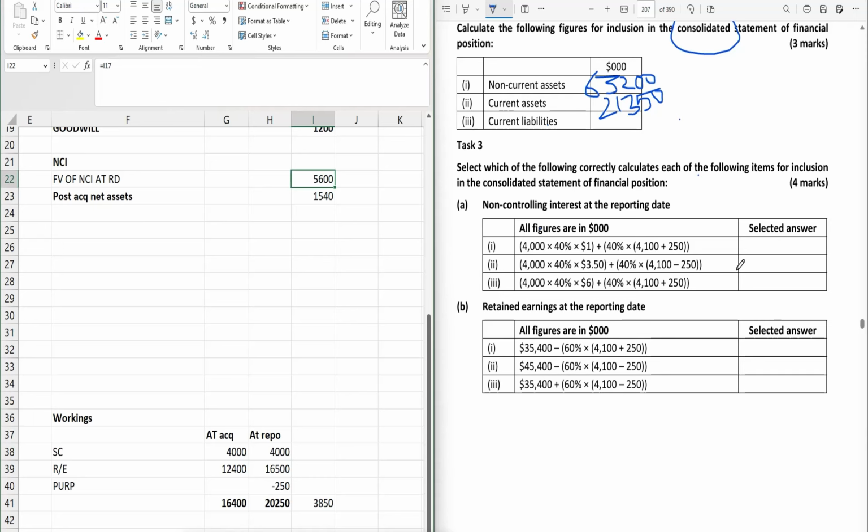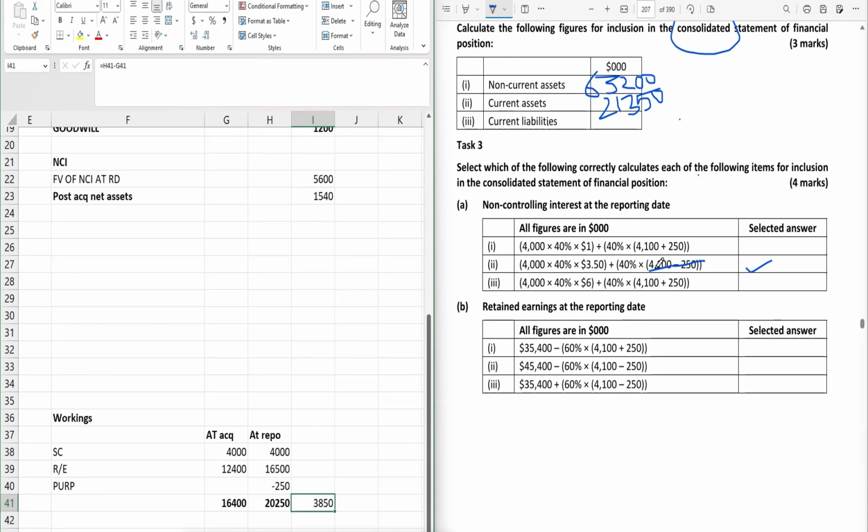So this one is correct. And this one is also correct, because if we don't consider the PUP, the change in net asset value is 4,100, but if we consider the PUP, we subtract 250. So the value will be 38,500. What they have done is take the NCI percentage, which is 40%, and multiply by 4,100 minus 250. That's why this option is correct.